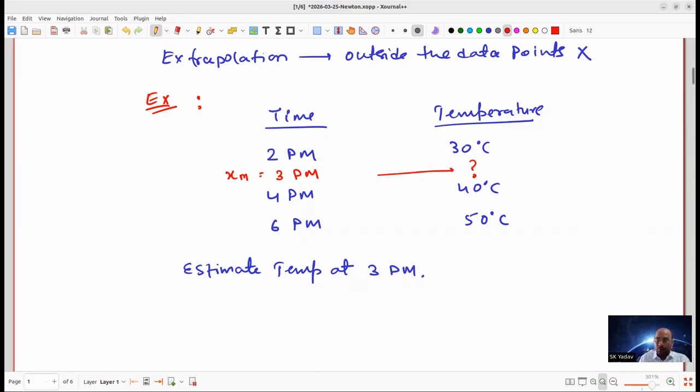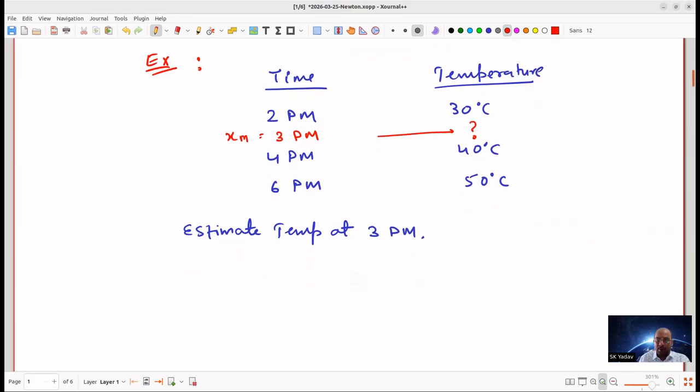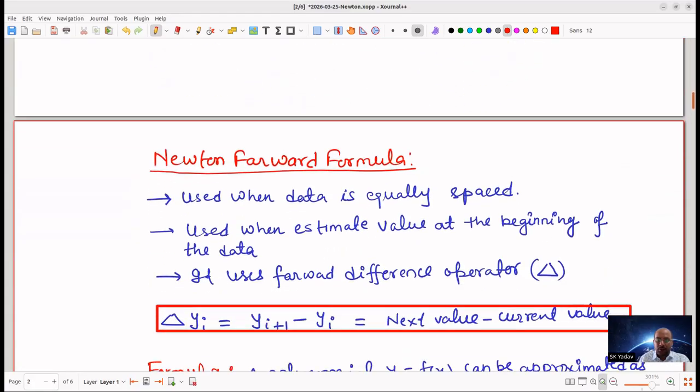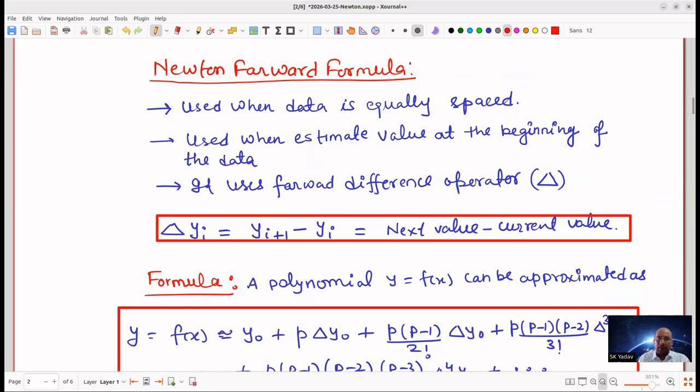So let us now move forward and see what are the two best interpolation formulas. So first one is Newton's forward formula, and this particular formula is used when data is equally spaced. This means the gap between x_(i+1) minus x_i is the same for each i.